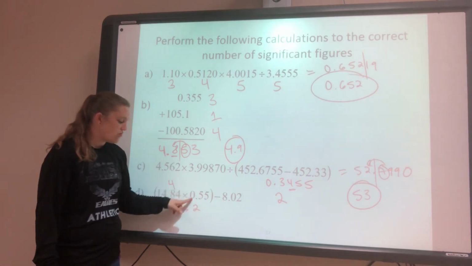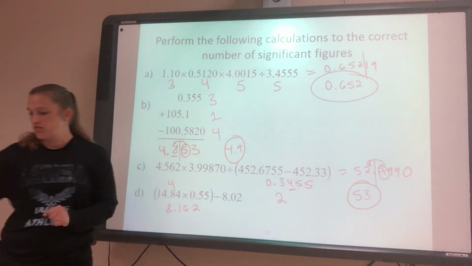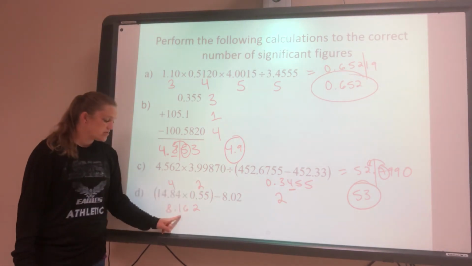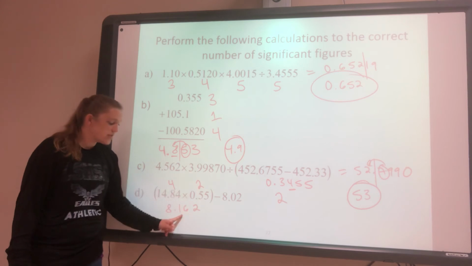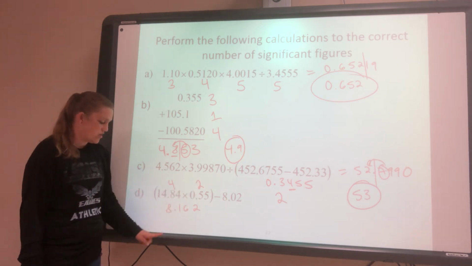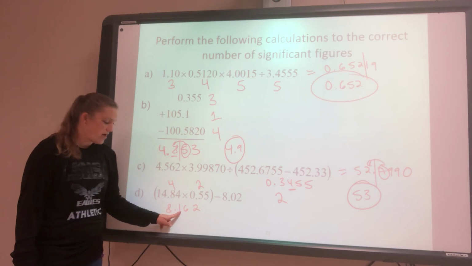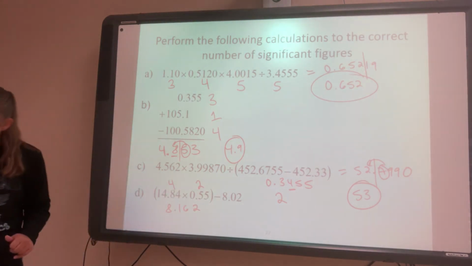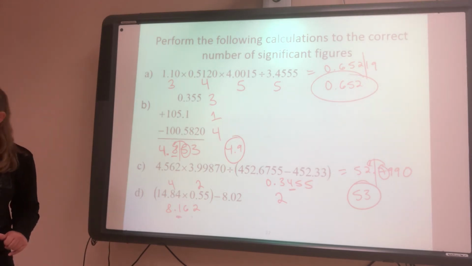Leading 0s don't count, so this is 2 sig figs. So based on sig figs, my final answer, well, not my final answer, sorry, this answer should only go to two significant figures. So the 8 and the 1. I don't round up to 8.2 when I do my math. I just put a little line under here, so I know that's kind of where my sig figs stop.